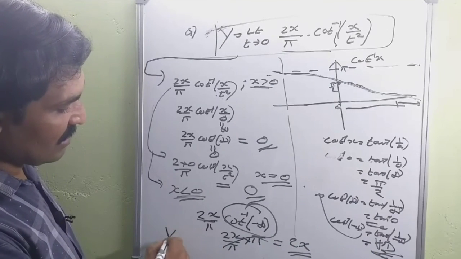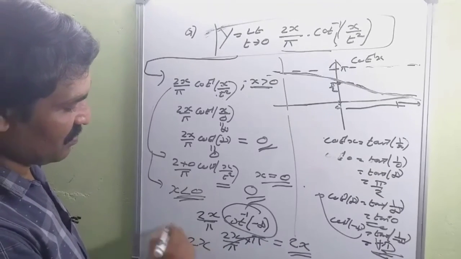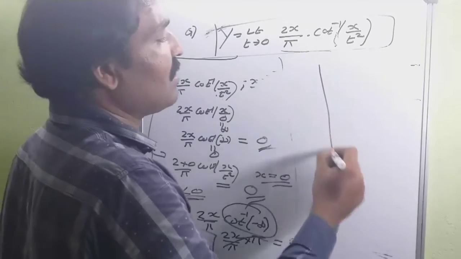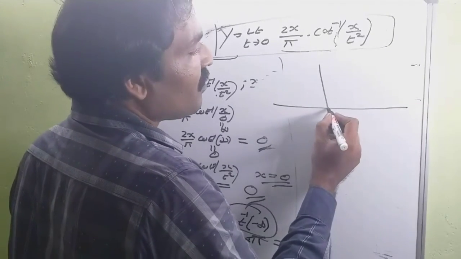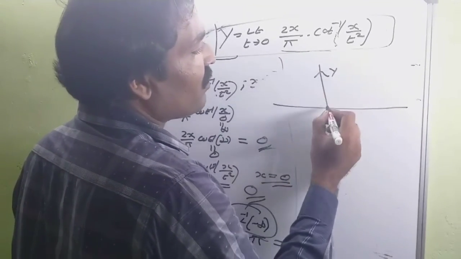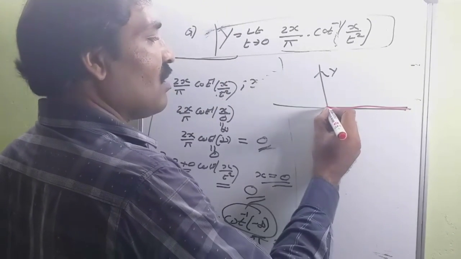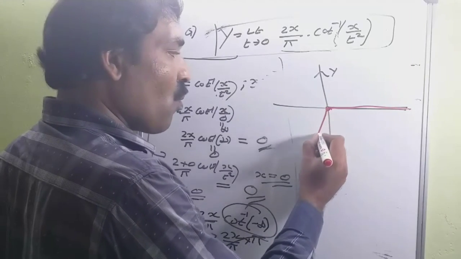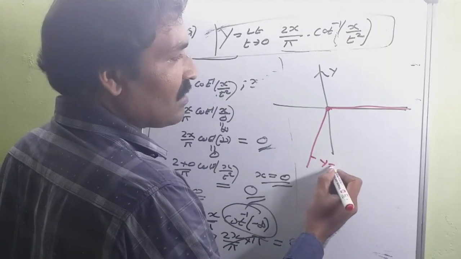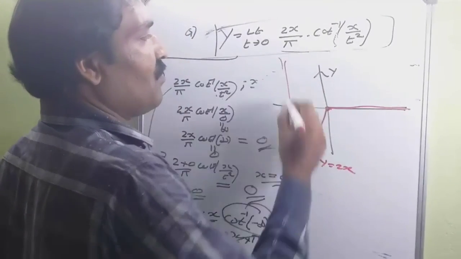So y is equal to 2x. For x greater than 0, the value of the function is 0. At x equal to 0 it is 0. And for x less than 0, it is 2x, that is, y is equal to 2x. So this is our y.